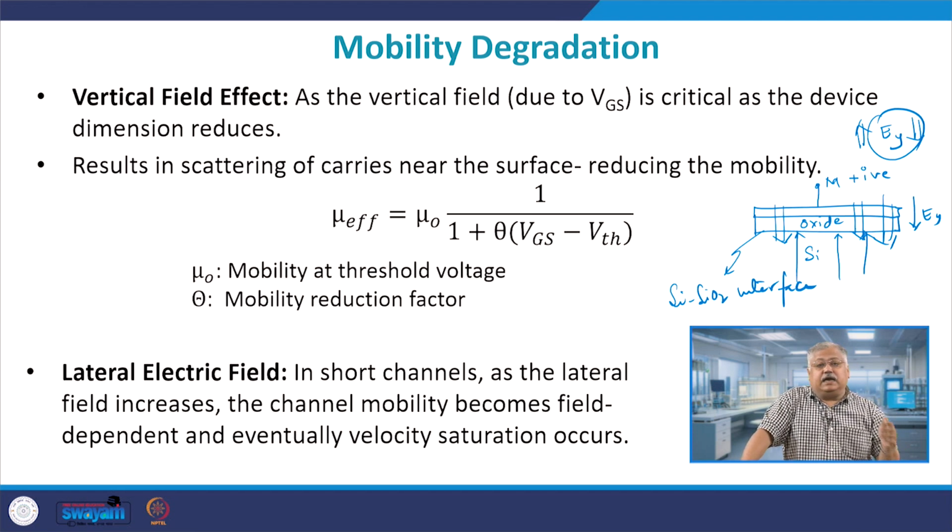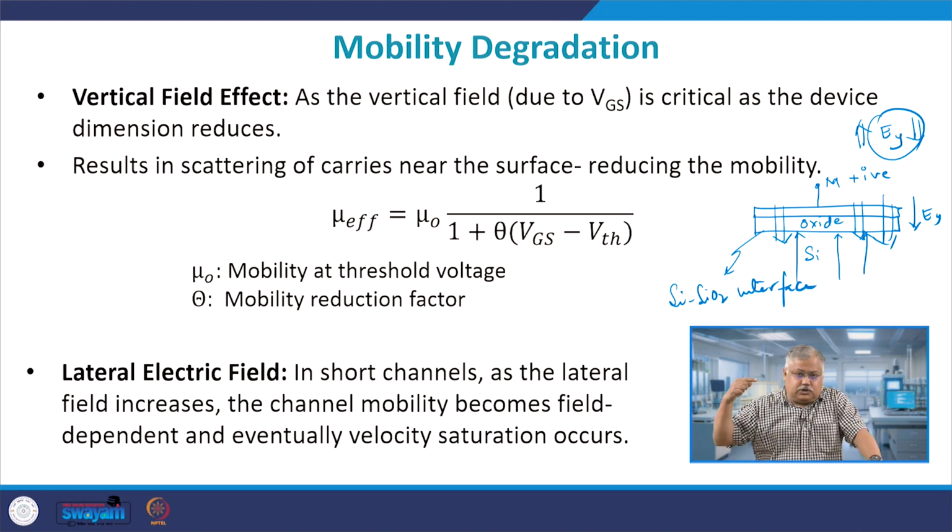Now, understand, this silicon dioxide interface is not a very good interface. It has large scattering centers available. Why? Because, say for example, some silicon did not get fully oxidized, so there will be some dangling bonds there. There will be interface trap charges, and also oxide trap charges. Those trap charges are primarily responsible and are scattering points.